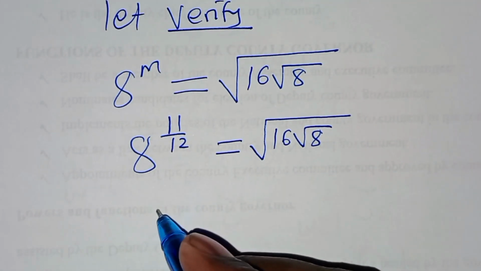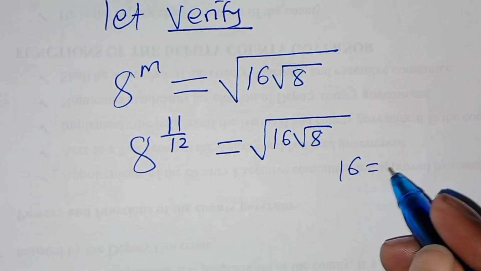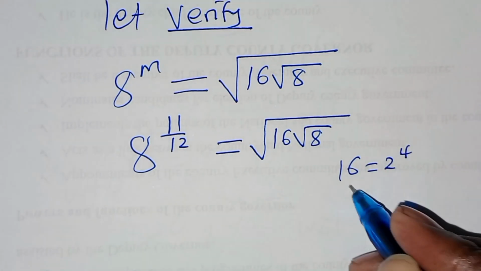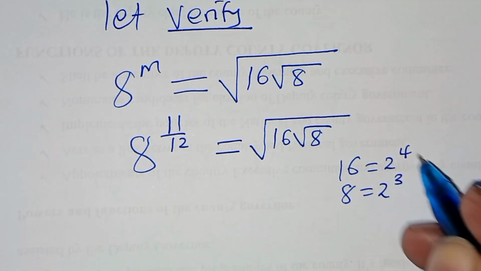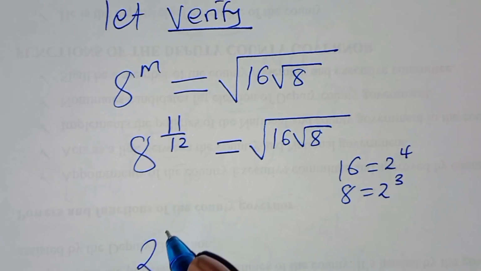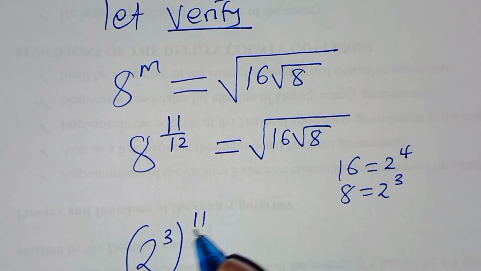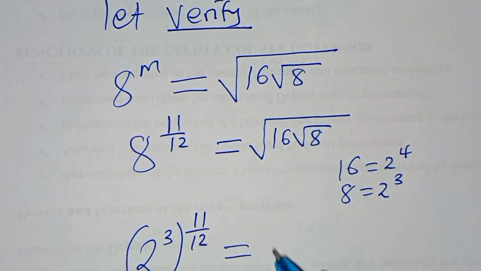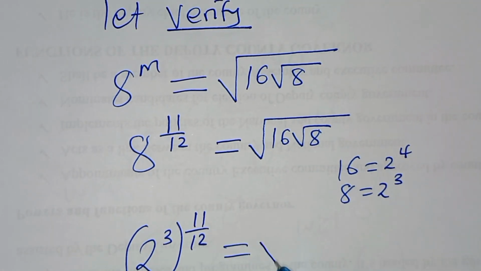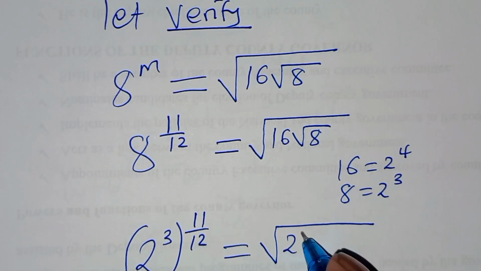So here we can express 16 as 2 to power 4, and we can express 8 as 2 to power 3. Okay? So here you have 2 to power 3 raised to power 11 over 12. This is equal to the square root of 2 to power 4, then square root of 2 to power 3.